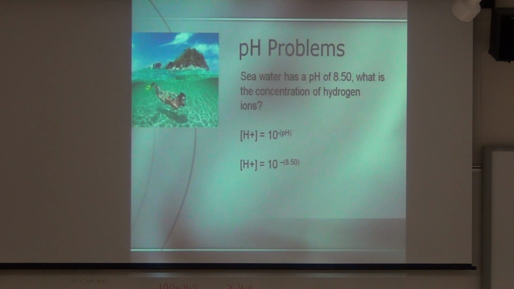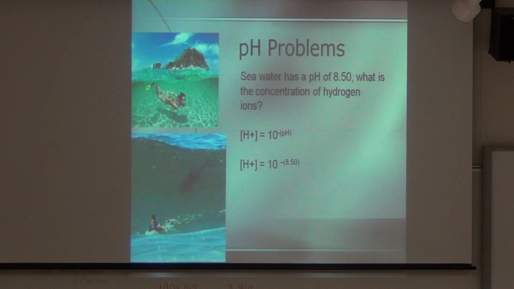All right, so we want 10 to the negative 8.5. You might have to use 1 times 10 to the negative 8.5. If you're using your calculator, please use your EE button or your EXP button rather than hitting a whole bunch of extra buttons. But one way or another, you should be able to get 3.16 times 10 to the negative 9.